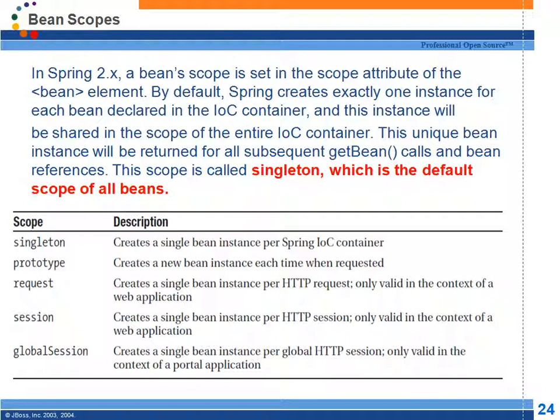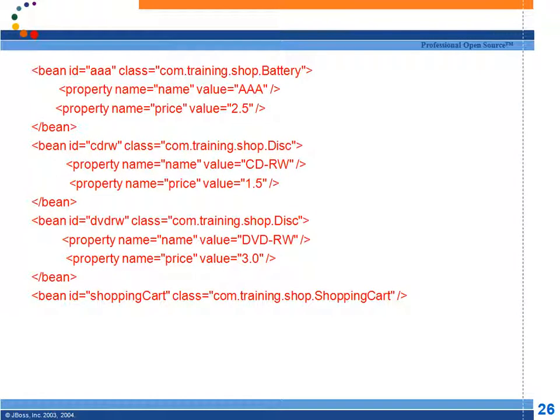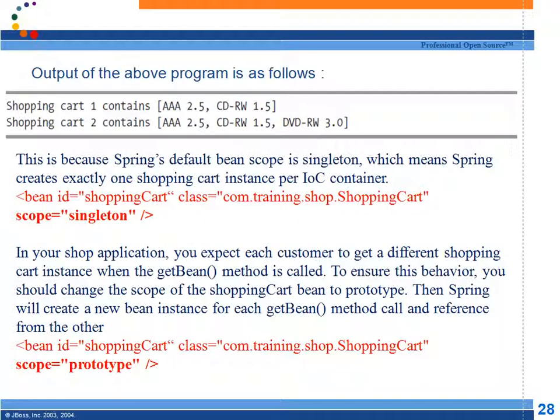Okay, now I have a doubt. I told you application context will eagerly load all the beans, right? Will all the beans be eagerly loaded now in this case? If I specify scope as prototype, will it be eagerly loaded now with shopping cart?